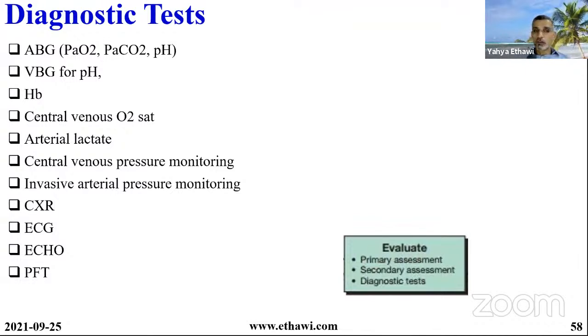You can also do central venous oxygen saturation, and you can ask for arterial lactate level, which is very important. You can also use a venous pressure monitor. Many people think it should be peripheral, but you can use central if you have a central line.